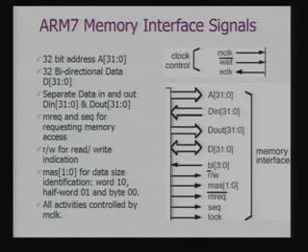It has got a 32-bit address bus, it has got a 32-bit bidirectional data bus, as well as separate data in and data out buses. So that means depending on your requirements, you can connect your memory modules to these buses.